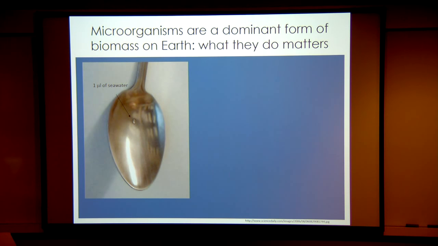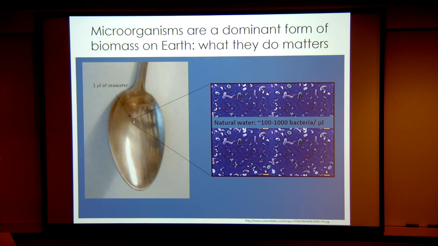In 1 microliter of seawater or natural water, there are about 100 to 1,000 bacterial cells on average. You can imagine if you extrapolate that volume to the entire ocean, that's about 10 to the 29th total microbial cells just within the ocean alone. All that biomass really impacts not only the ocean and the aquatic ecosystem, but also globally can have very important impacts as well.